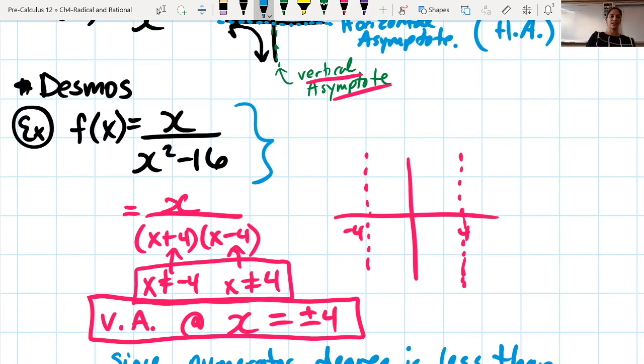That's a rule. So this is something I'm going to highlight. This is a rule that I need you to know.